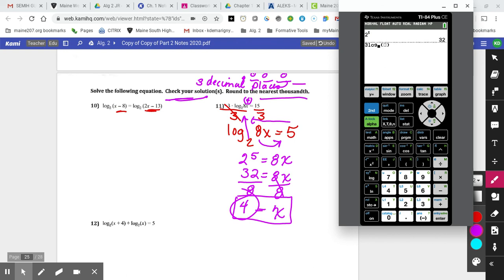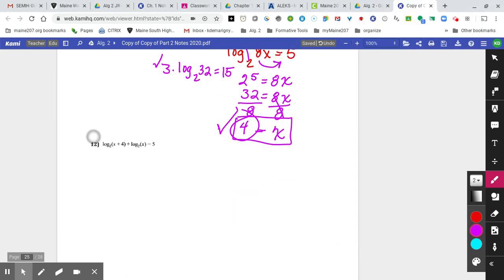We're going to change the base to a 2. And then inside the parentheses, I want it to be 8 times 4. Now, if I don't want to multiply 8 times 4, just put 8 times 4 in there. And there you go. We've checked it. And my check value does work. And all you have to do to show me you've checked it is just write it in there. Log base 2 of 32 equals 5, times 3 is 15. And then you are free to check it on your calculator.